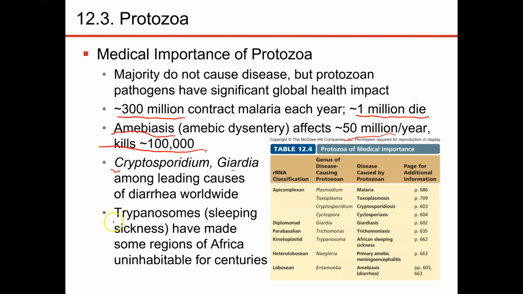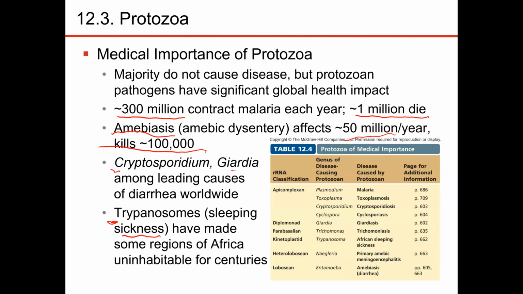And then Trypanosoma is the causative agent of sleeping sickness. Trypanosoma brucei is for African sleeping sickness. Trypanosoma cruzi is American trypanosomiasis. They have different symptoms, but African sleeping sickness, caused by Trypanosoma brucei, has made certain areas of Africa uninhabitable.